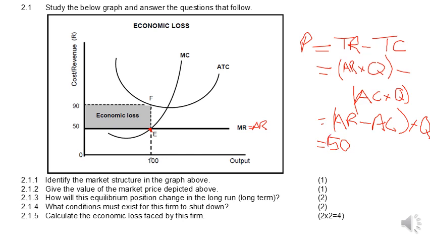Now to figure out my average cost, I have to draw a dotted line up to the average cost curve. At point F is where you read off the average cost at equilibrium, which is a value of 90. And the quantity at equilibrium, you read off this axis, 100.